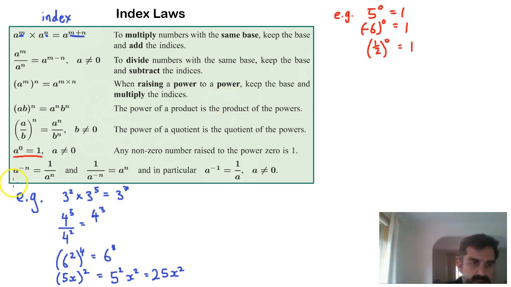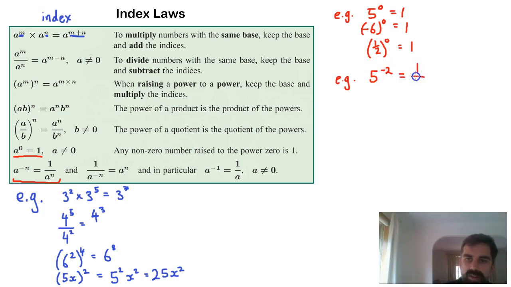And then this final law here is to do with negative indices. So the rule says that if you've got something to a negative power, that's the same as 1 over that with a positive power. So let's say you had, well, let's go to 5 again, 5 to the power of negative 2.